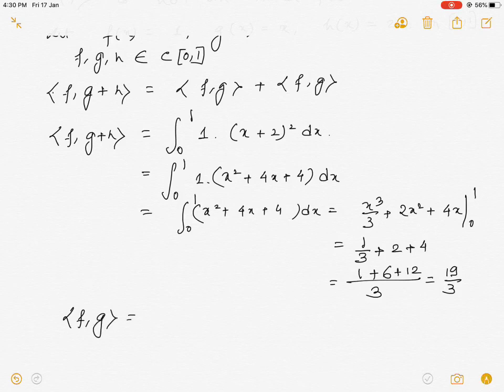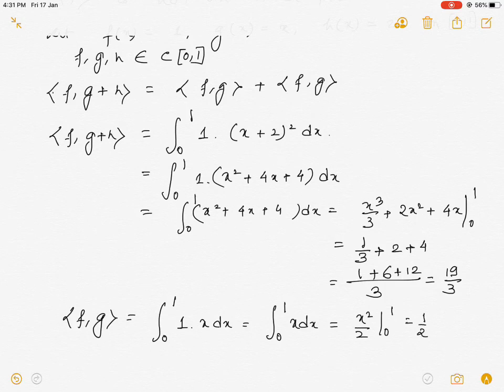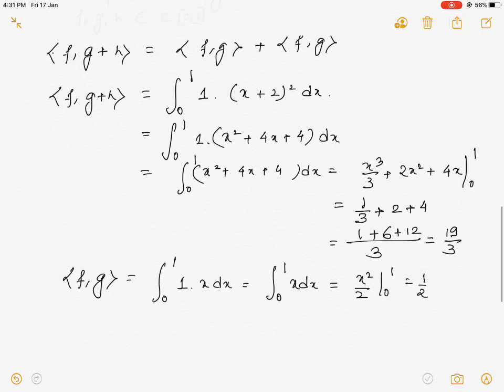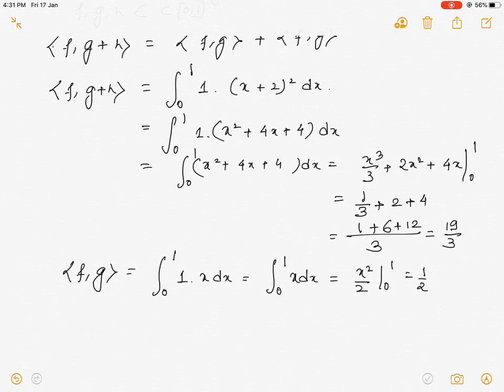<f,g> is the integral from 0 to 1 of f times g², where f is 1 and g is x, so x² dx, which is x³/3, and it gives 1/3.